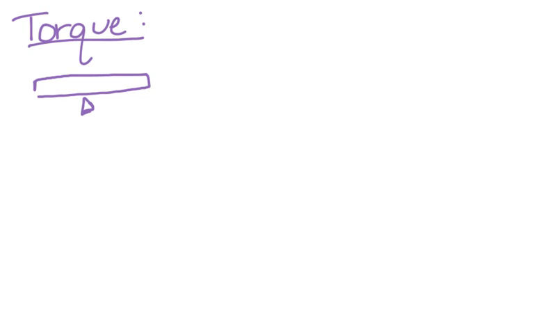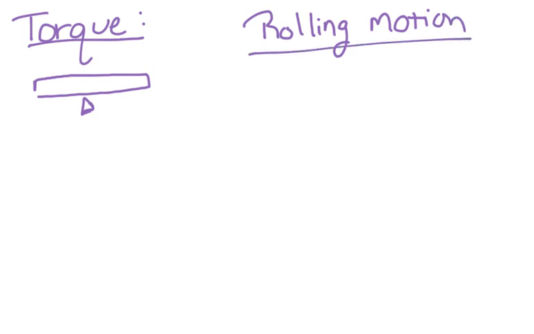But we could also have things that are rolling, okay? So we're going to talk a little bit about the rolling just to introduce it. But most of your practice today is going to be the first situation, okay? So these are both torques. This one's a rotating rod, which a meter stick is considered.